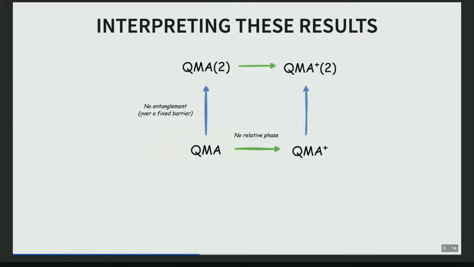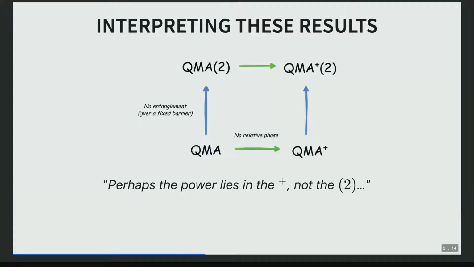So I want to give one slide on how you interpret these results. There's QMA and QMA2, and these cousin classes, QMA plus and QMA2 plus. The first thing you might say is maybe actually all the power is in this plus. The plus is what's giving the power. It's not the 2, it's actually the plus. But it's not clear, right?